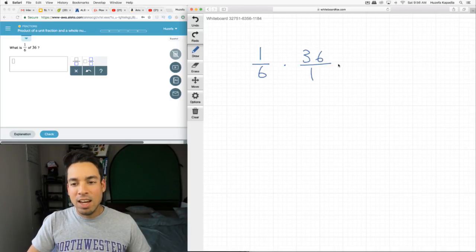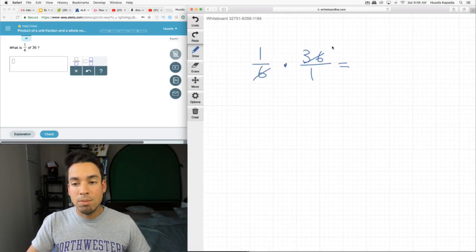So now we follow the process of multiplying across on the top and multiplying across on the bottom when we do multiplication. But we can take one step ahead of time to see if we can simplify. The way we simplify is we look at numbers on the bottom and on the top and see if we can have some common factors that we can divide by. And 36 and 6 have common factors. We can divide this by 6, and divide this by 6.